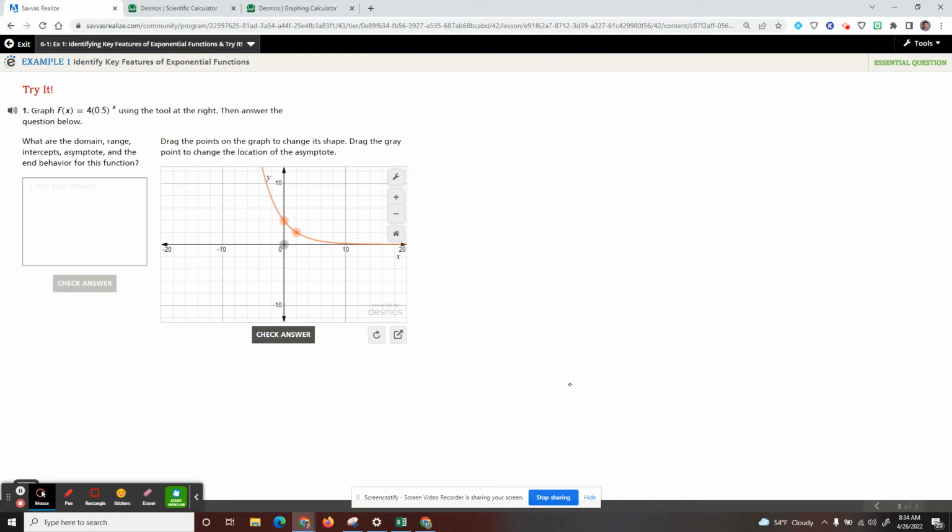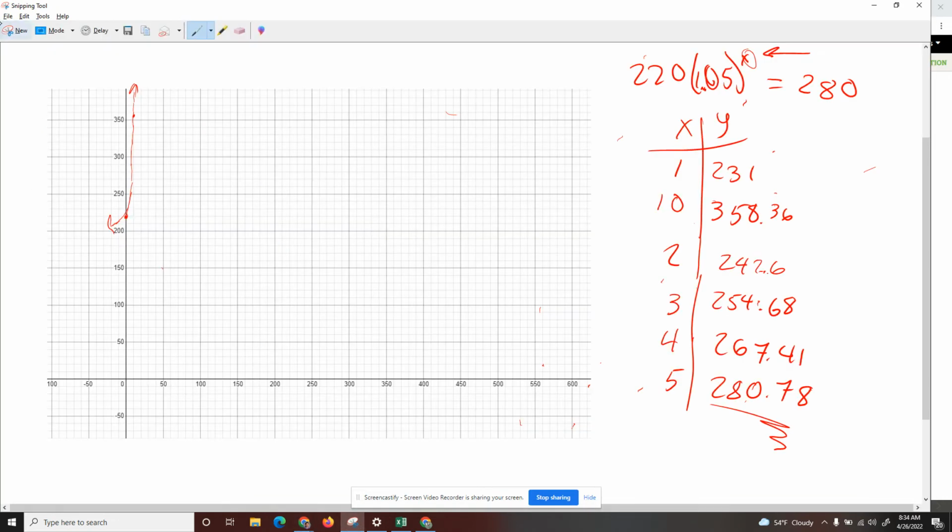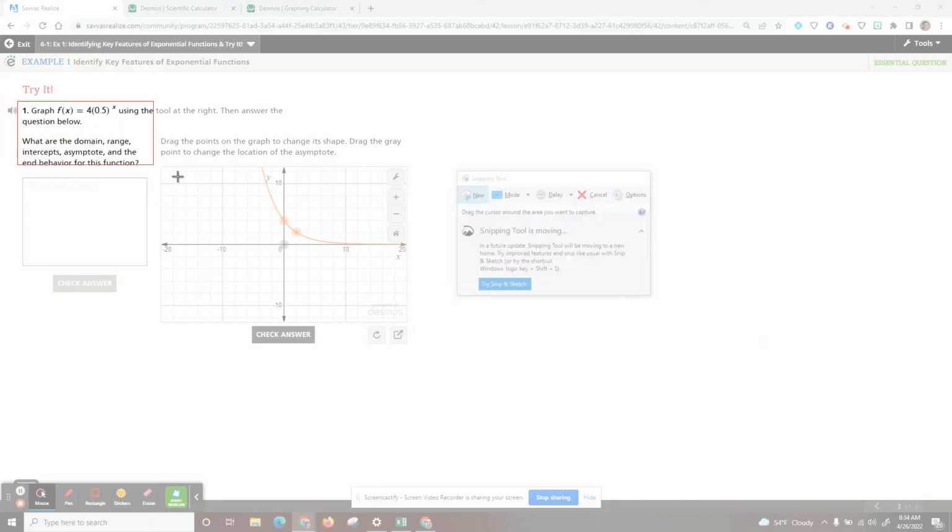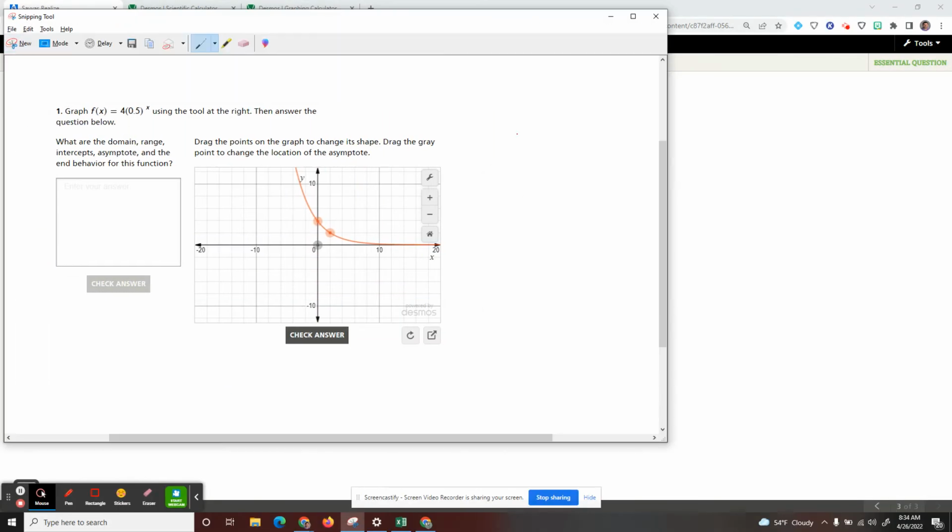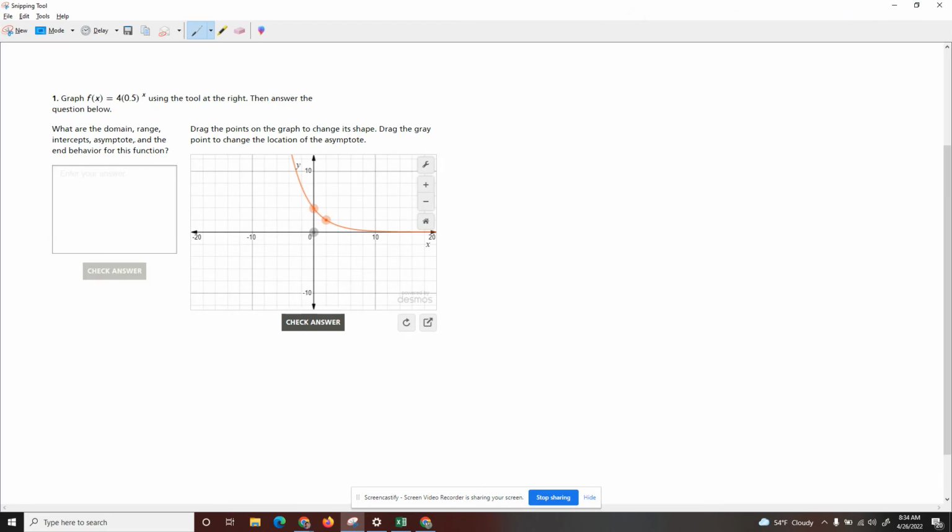At this point, I think the best thing to do is let's just plot a point. So we're going to pick an x value. Let's do an x value of 2, just because now the grid lines have been scaled to 2 units per line. So let's do f of 2, just to get another ordered pair to plot.